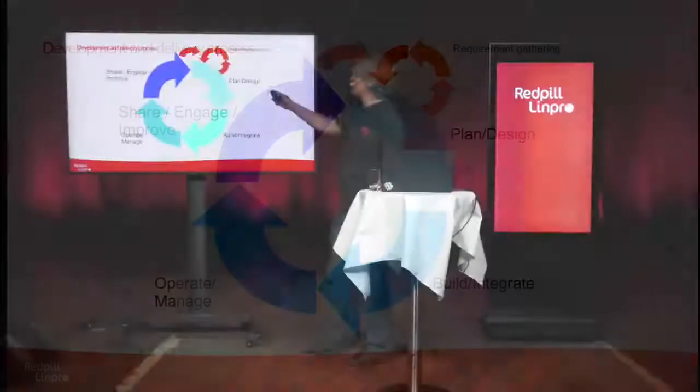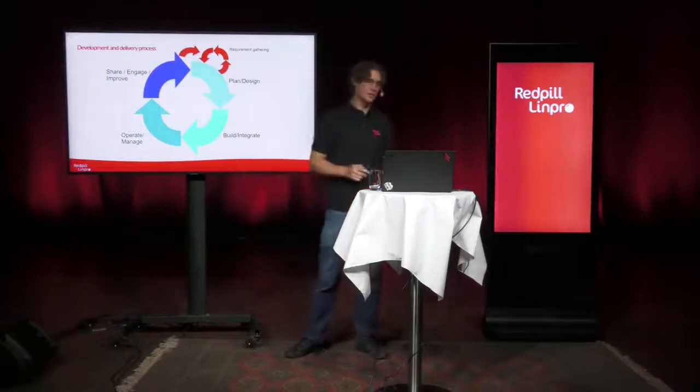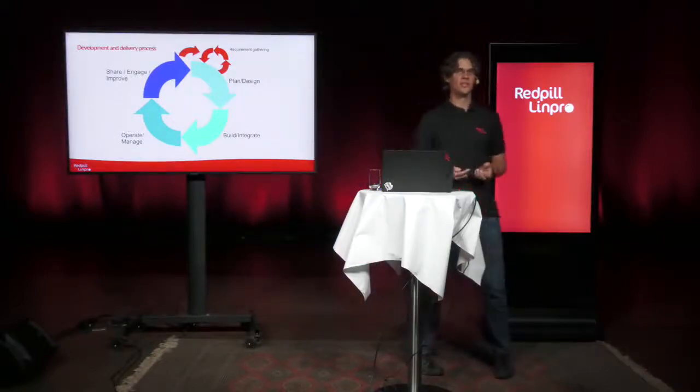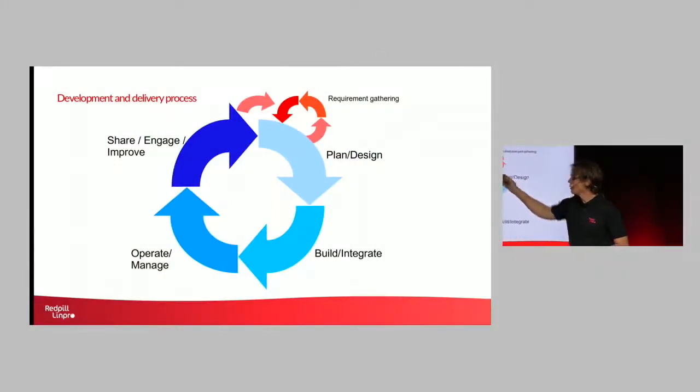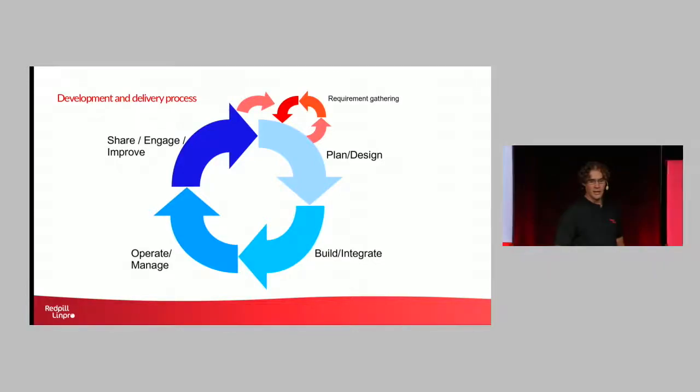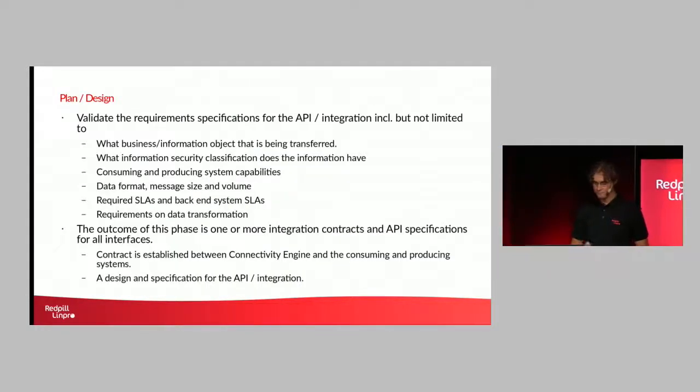It begins with the requirements gathering that our customer does within its own organization to identify APIs and integration needs and the requirements that those API and integration has. They then feed that into our team in the plan and design phase.